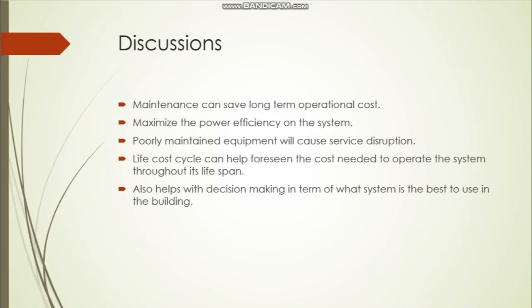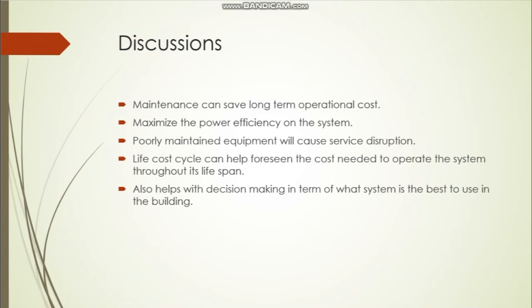Secondly, the power efficiency of the system is also related to cost, and also the carbon emission from the system towards the environment. So by maximizing the power efficiency of the system, we can reduce carbon emissions and at the same time reduce operational costs.